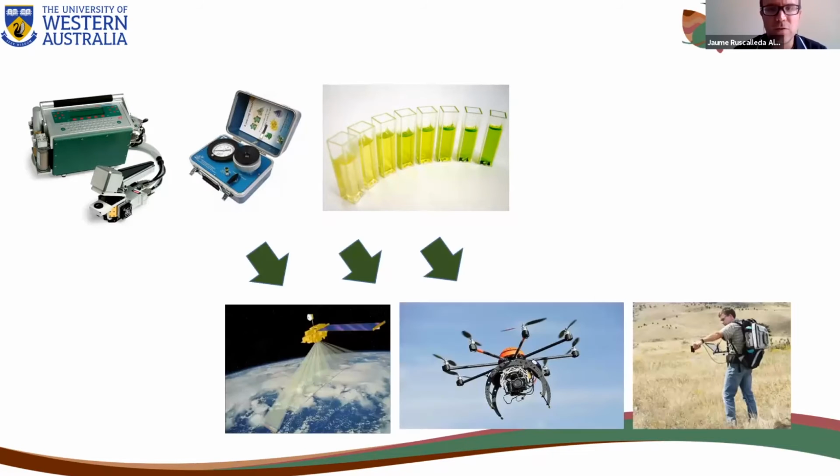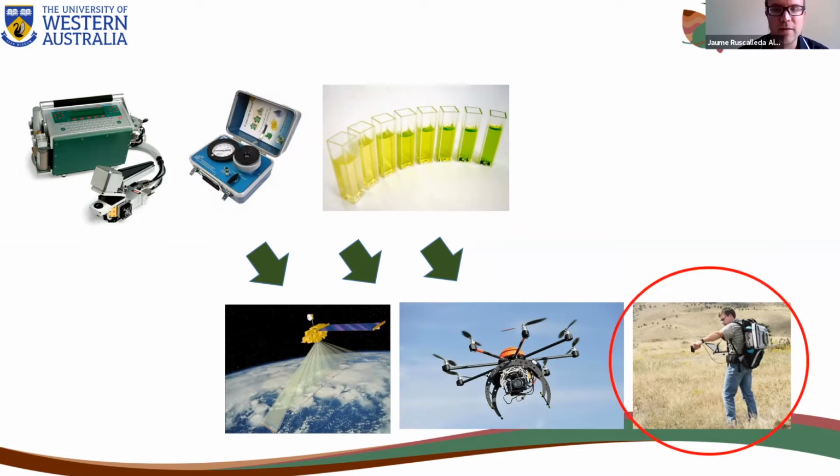So the idea is to see if remote sensing methods can assist in measuring plant condition in a more efficient way. Now, remote sensing can be done at very different scales, depending on the distance between the sensor and the object of interest. It can be done from space, or it can be done from the air, and it can also be done from the ground.